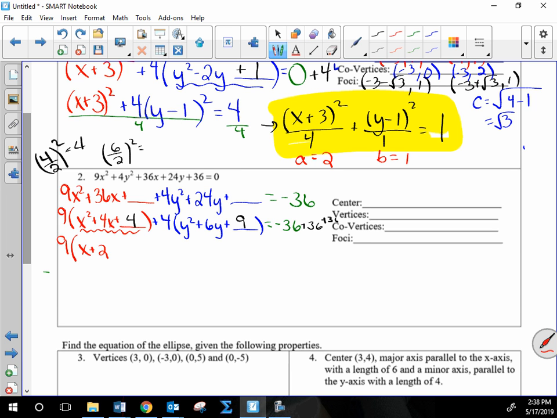X plus 2 quantity squared, plus 4 times, what do my y's factor into? 3. Y plus 3 quantity squared. And what do we get all of this to simplify down to? 36.